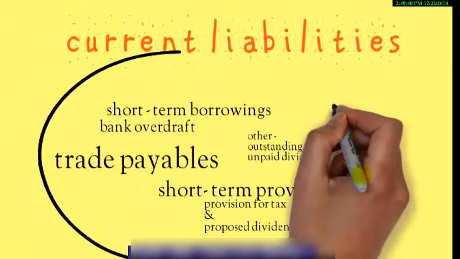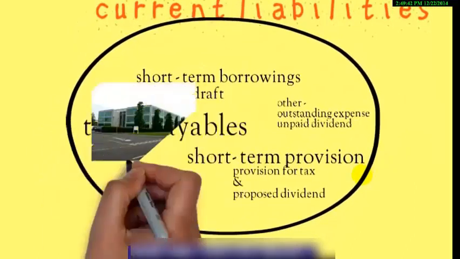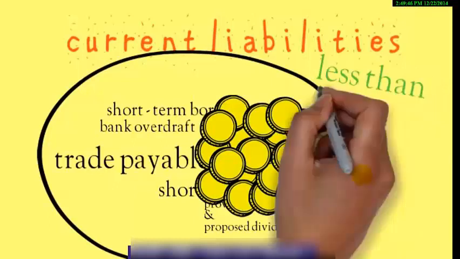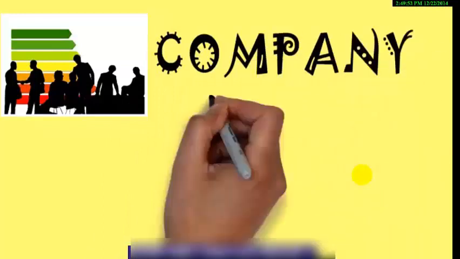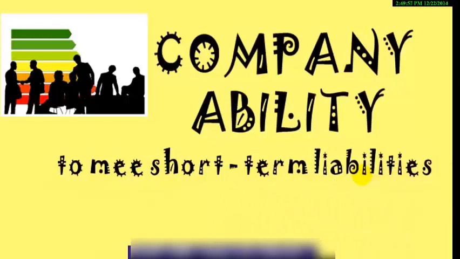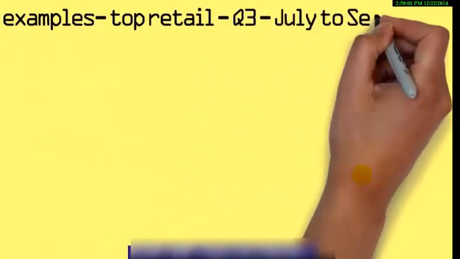All those liabilities appearing in the balance sheet which the company needs to pay, and this payment has to be made in less than 12 months. So the formula is current assets by current liabilities, and it tells the company's ability to meet short-term liabilities on time.